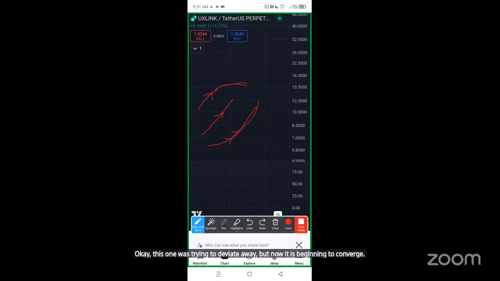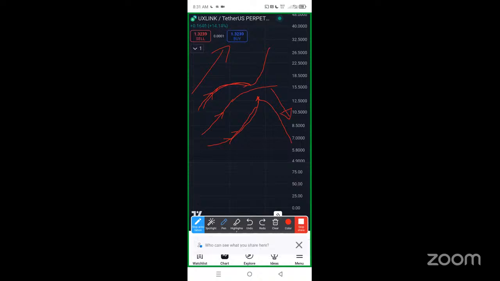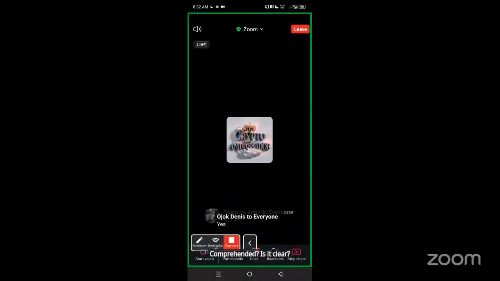If that was an uptrend, and then you see the lines beginning to converge towards one another, rest assured that we're going to have a divergence and a convergence, but this time it will be a trend reversal to the downside. Comprehended? Is it clear? Is it okay?